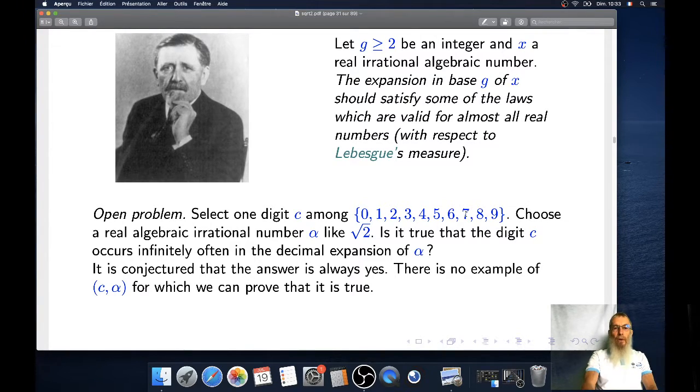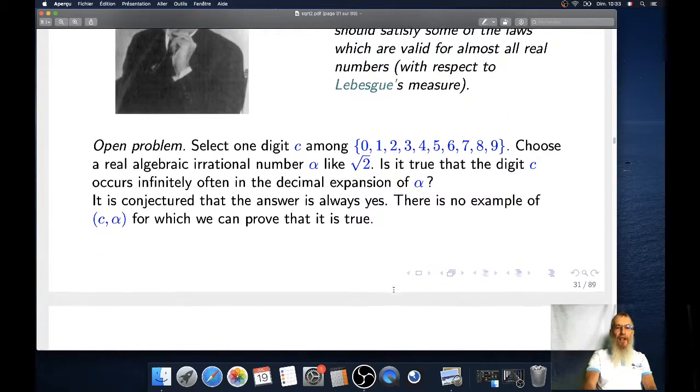But we do not know, if we take one digit c between 0 and 9 and any real algebraic number alpha, is it true that the digit c occurs infinitely often in the decimal expansion of alpha? There is no example of c and alpha for which we can prove that it is true. And the conjecture is that it is always true. So this is one example of a very challenging problem.